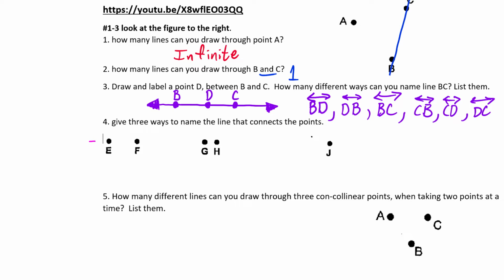Okay, next one. We're going to draw a line that goes through all 5 of these points. Okay, so what you're going to do is you're going to write down 3 ways to name that line. Just 3 ways. There's a bunch.